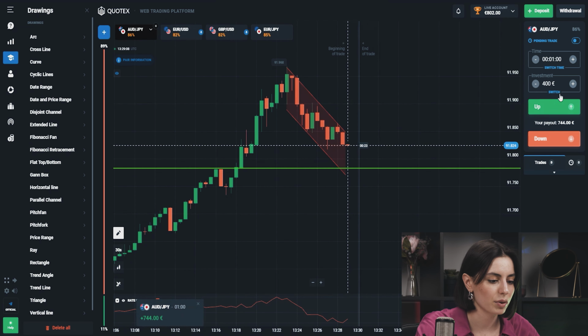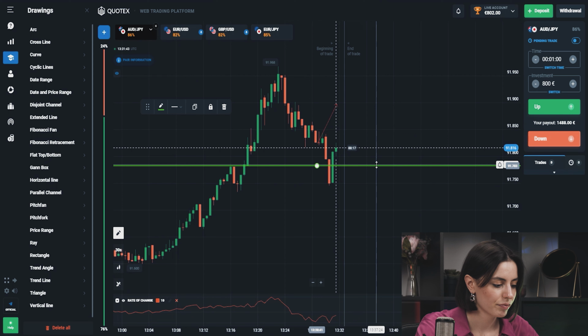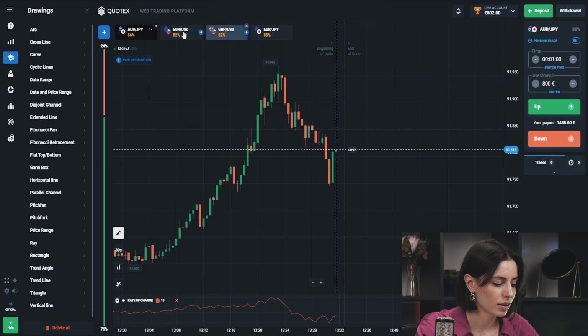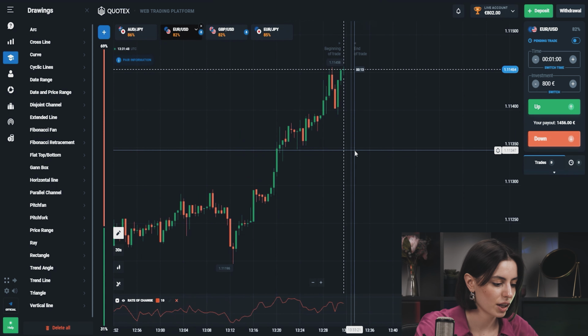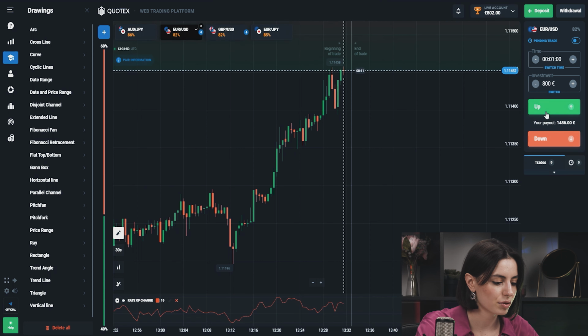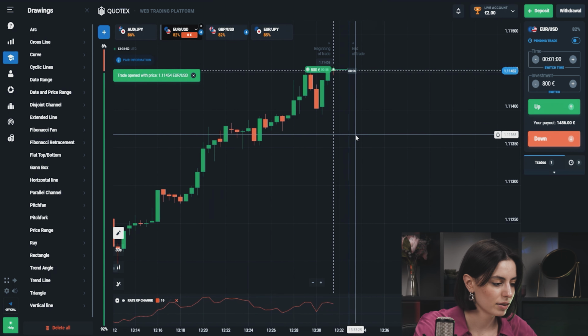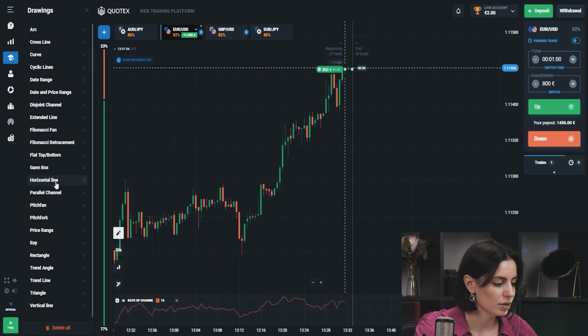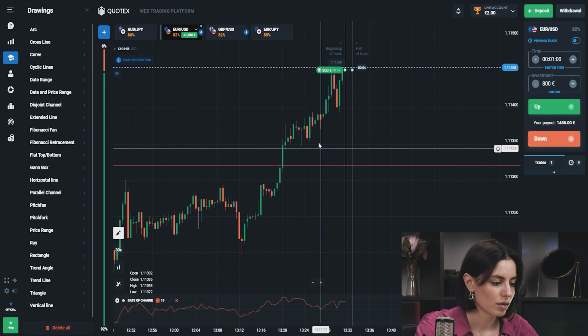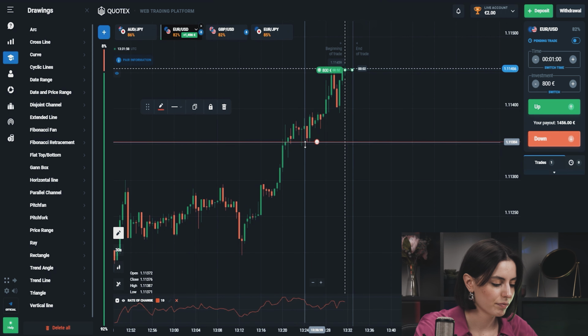We're gonna change the rate here. And a very interesting situation. I'll make a bet for up. I'm gonna explain here. Let's just move the horizontal line.